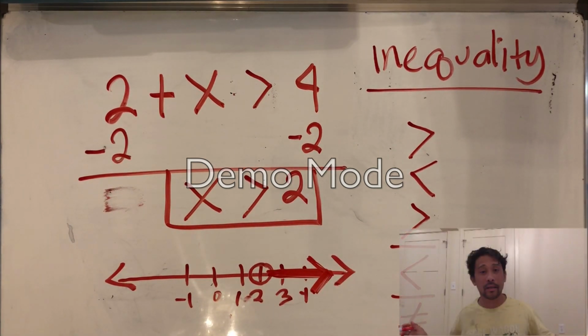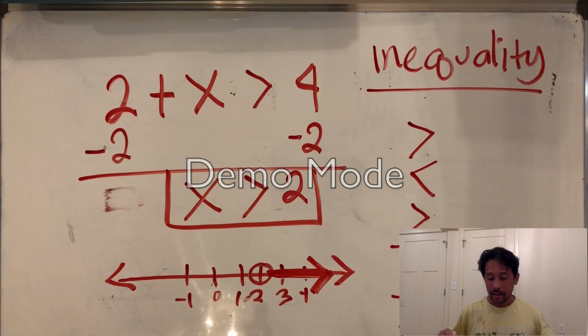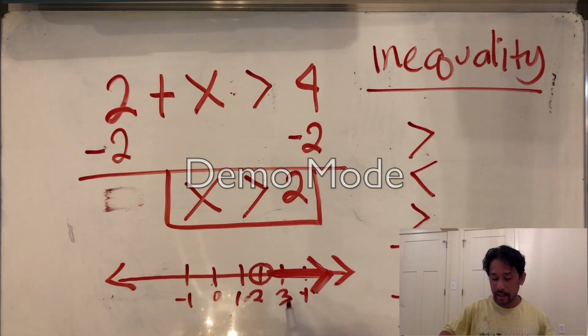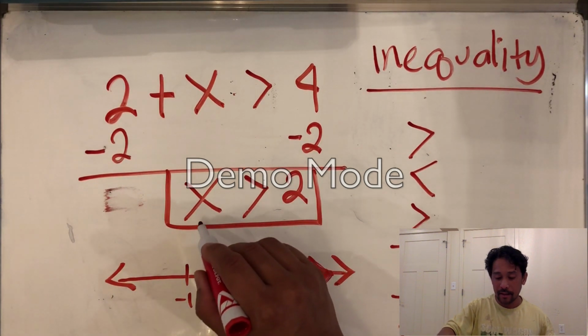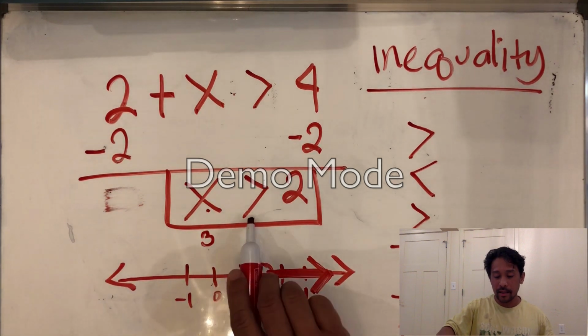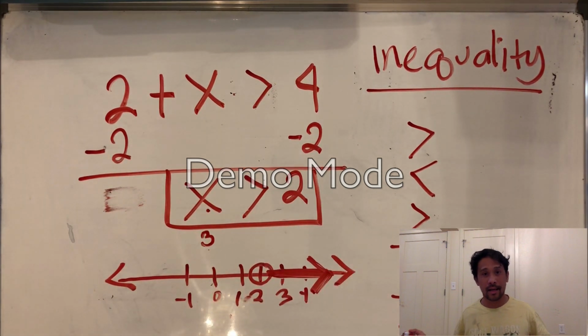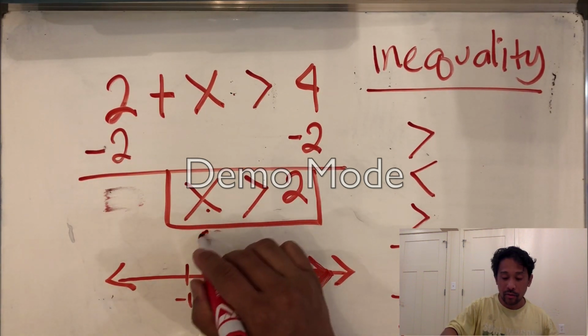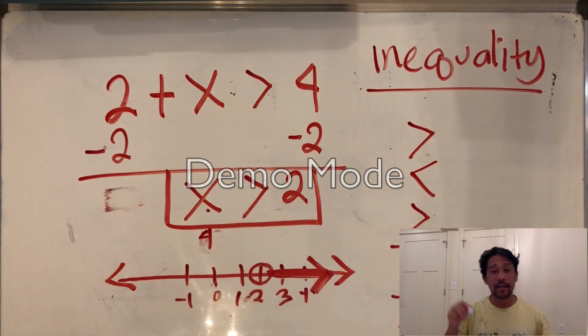Now, how do you check if the direction of your arrow is correct? Well, I will substitute the numbers over here for x. For example, 3. If I substitute 3 for x, is 3 greater than 2? Yes, the answer is correct. How about 4? If I substitute 4, is 4 greater than 2?